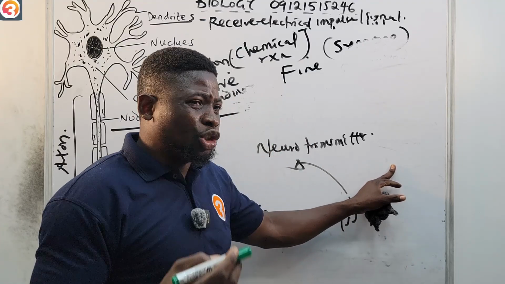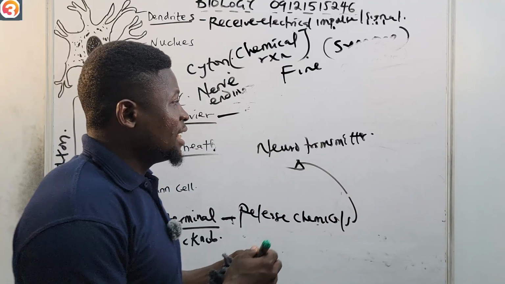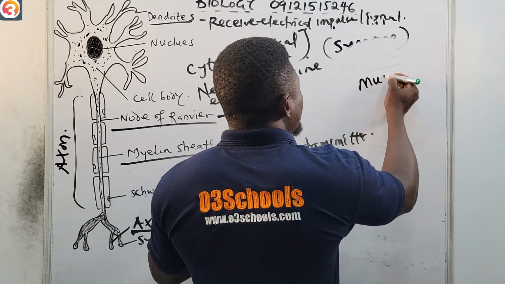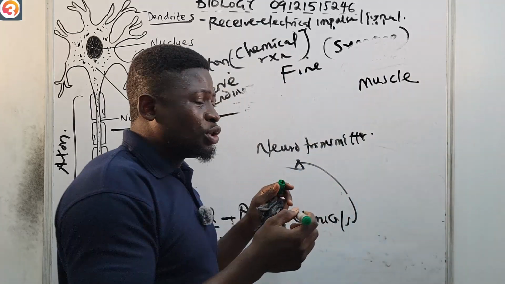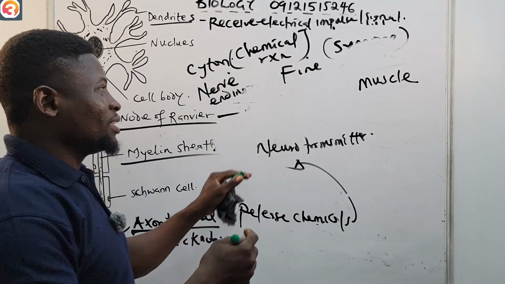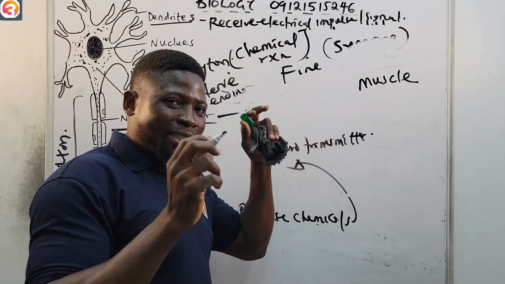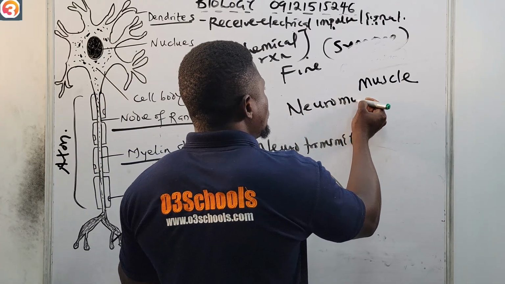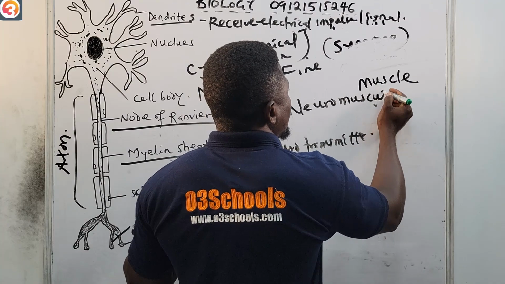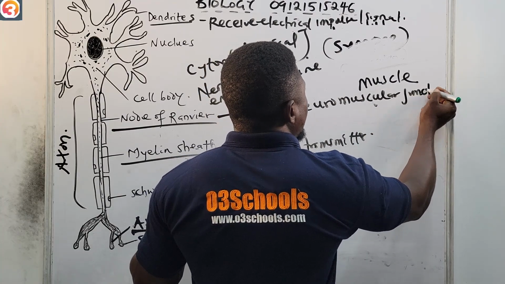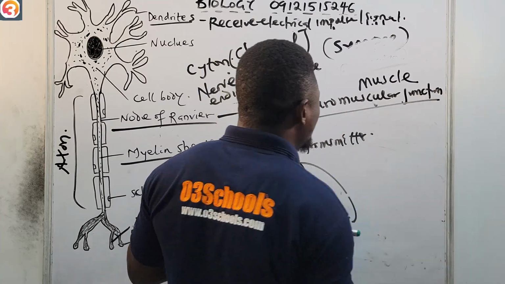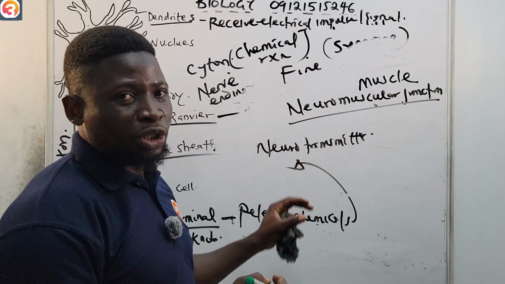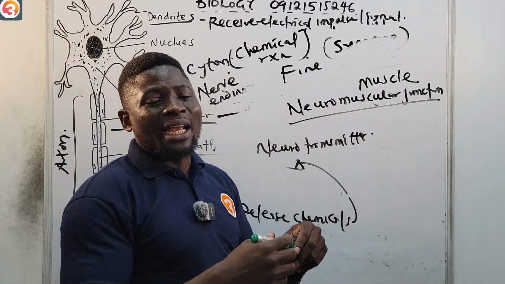Now let us assume that this information is going to a muscle. Between the axon terminal and that muscle, something called the neuromuscular junction will be formed, if the information is being passed to a muscle.